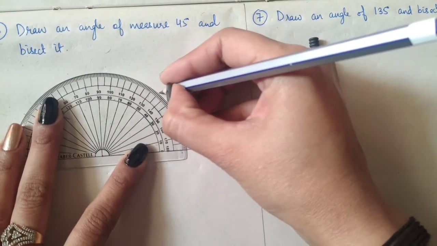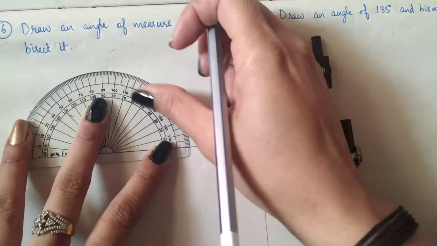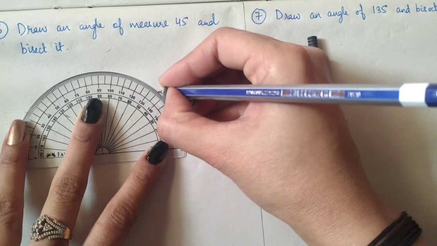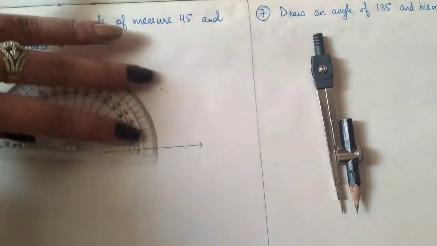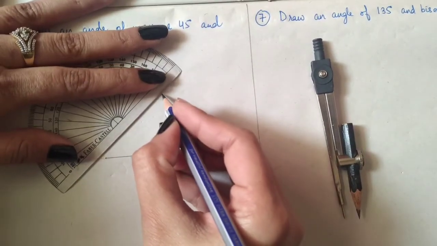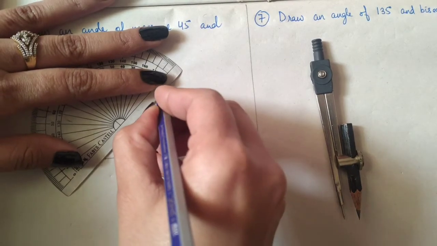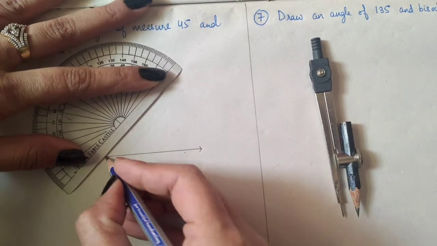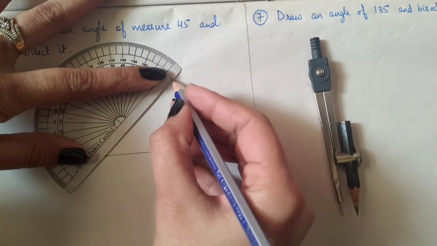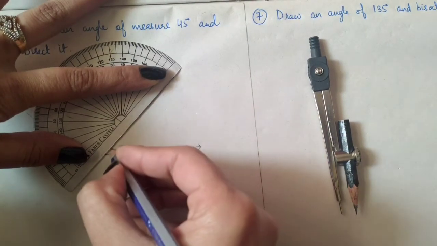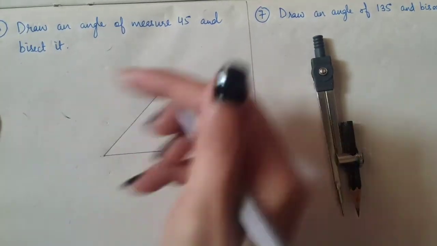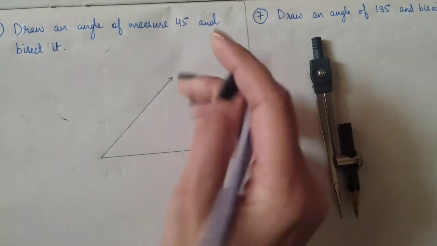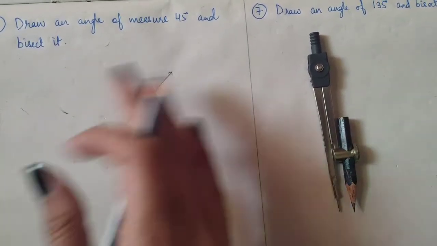So here is my 45 degrees, the inner scale, remember that. Now I'll join these two points, this and this. The bits of the pencil are coming out.